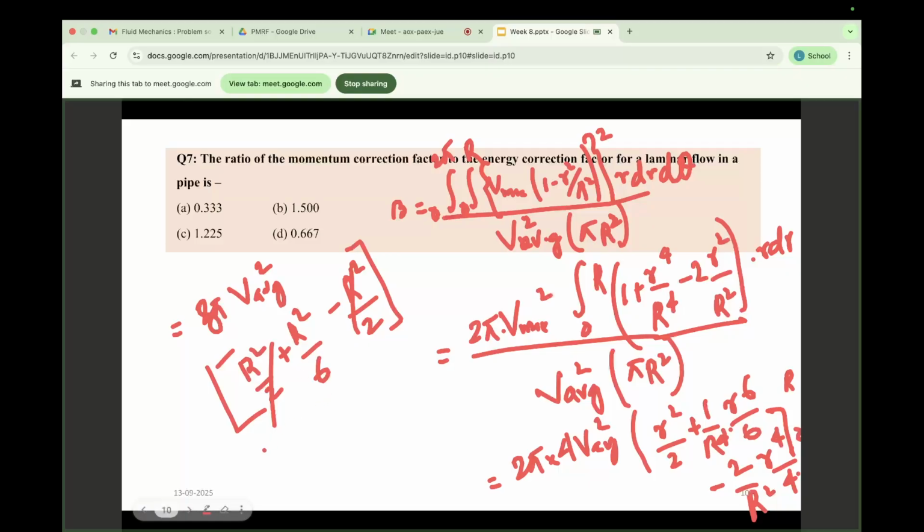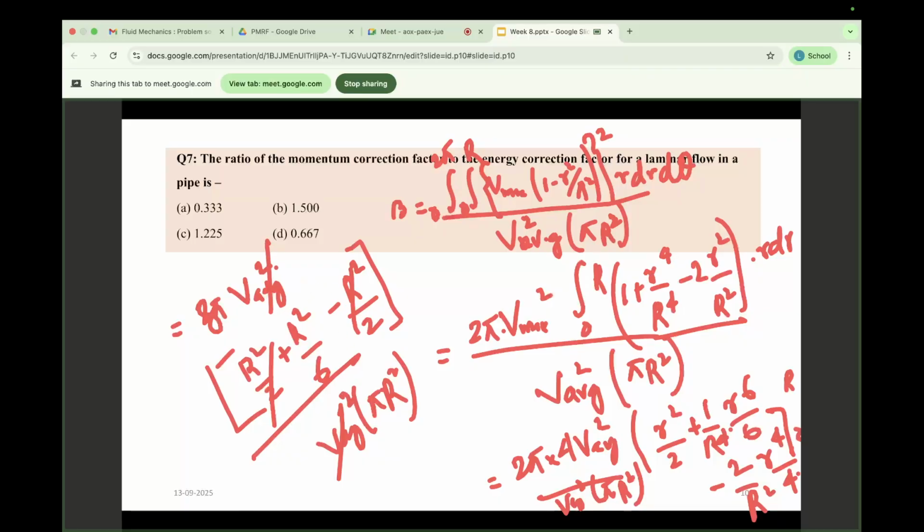This one is the top, divided by, so the denominator will remain the same: V average into pi R square into V average into pi R square. That is 4 by 3.